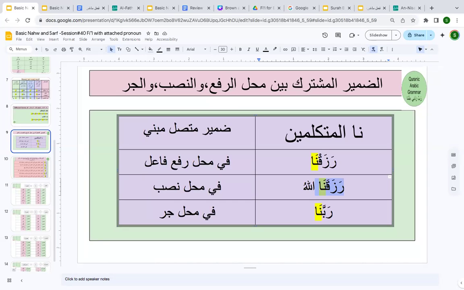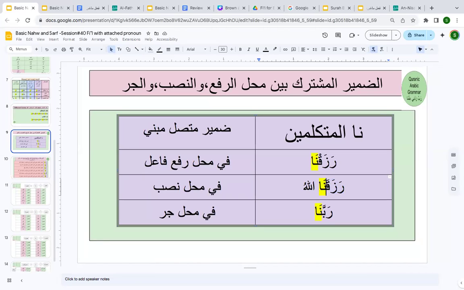Now the na is going to be the receiver of an action here. When there is a fatha on the last letter, in that case, na is not the inbuilt pronoun.